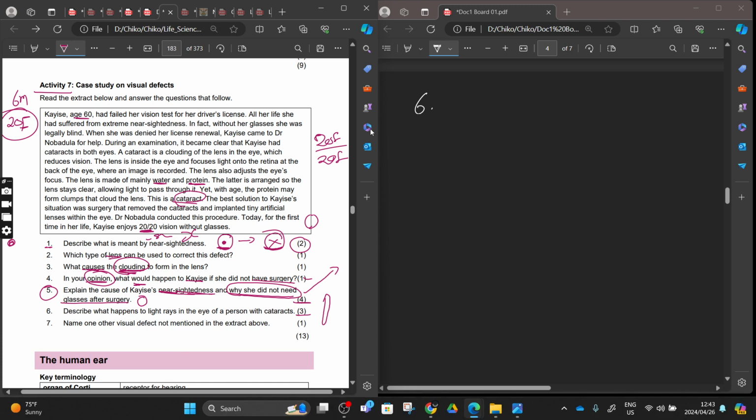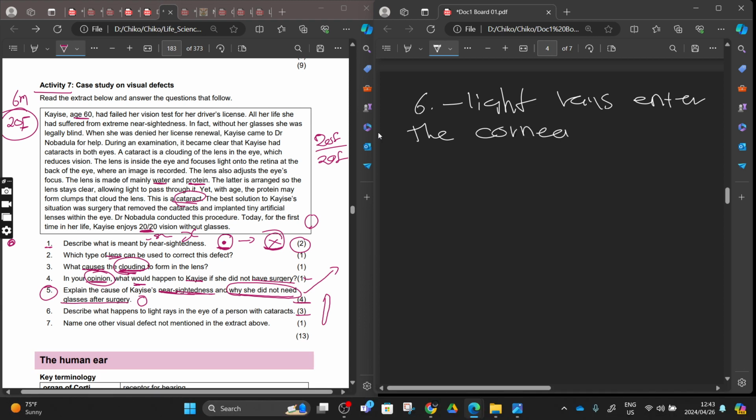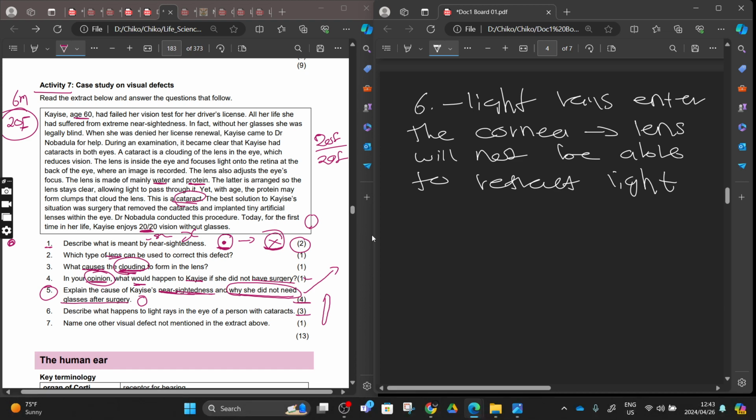Everybody, describe what happens to light rays in the eye of a person with cataracts. My time is up, guys. The light rays will enter the cornea, and then the lens will not be able to refract light, or transmit.